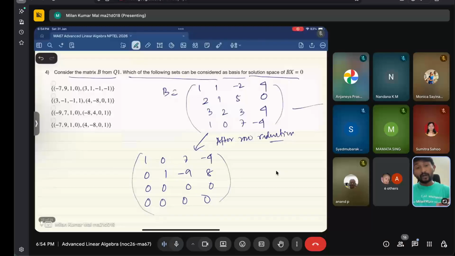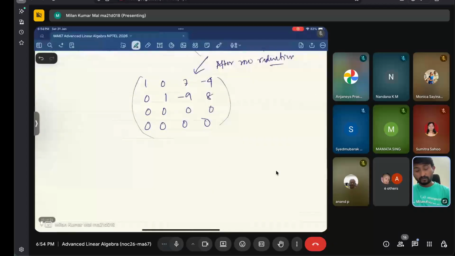Now the question is what is the basis of the solution space? Let me write why we say basis. Whenever you have Bx equals to 0, the solution space will be a subspace of R4.